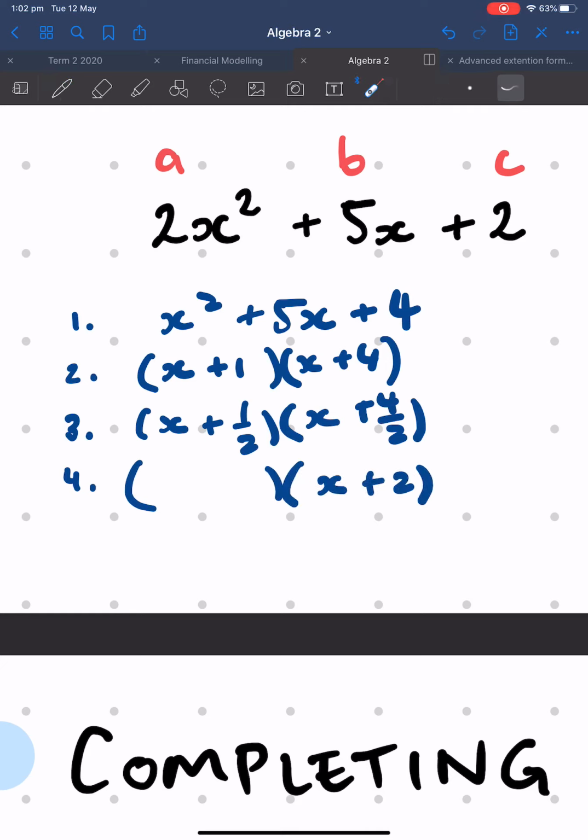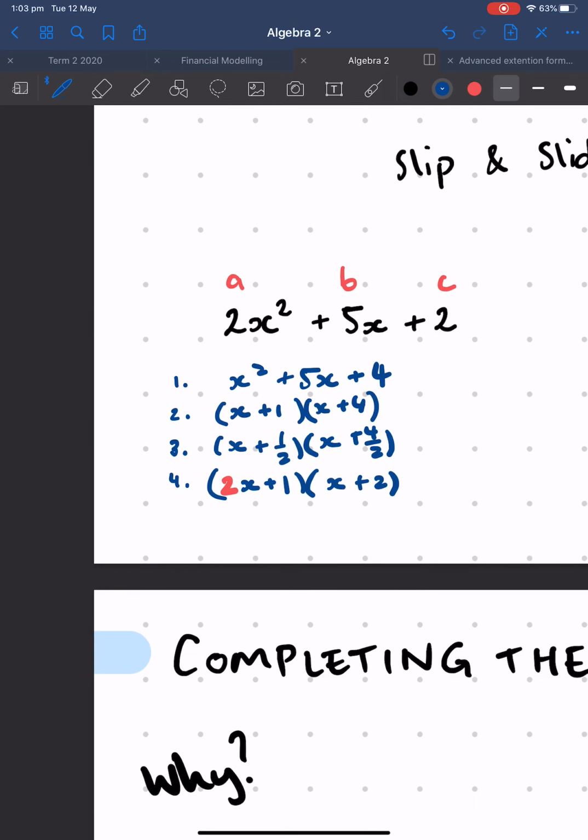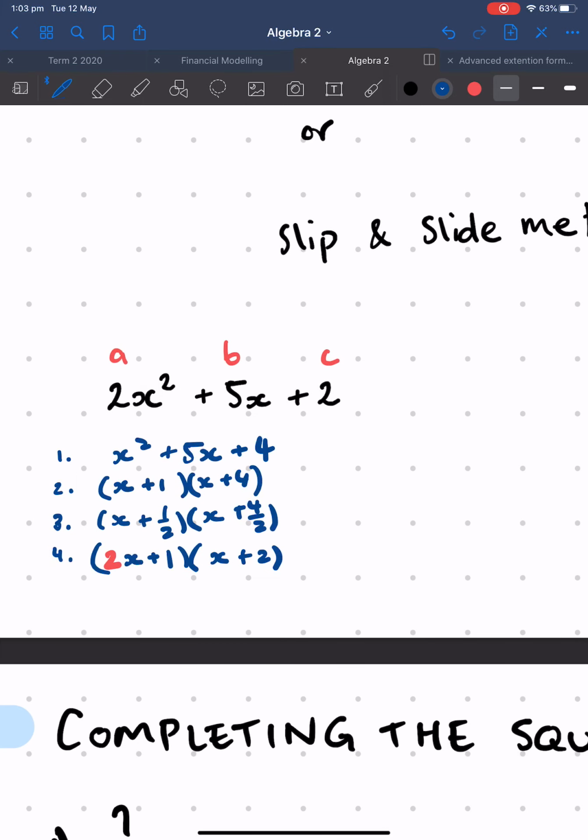But if it doesn't simplify nicely, like 1 over 2, that's where we slide this 2 up and it sits with the x. So it's going to be 2x plus 1. And that is the factorization. If you can remember that, it's an awesome method to use. It is so much easier than what the textbooks are going to show you, and it can be really helpful.